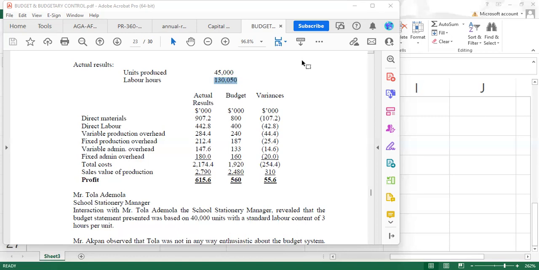Whenever you are given the units and the labor hours, use hours for direct labor and variable production overhead. But if you are not given hours, then you use units for all of them, like the one that we did in the first one. Are you okay?